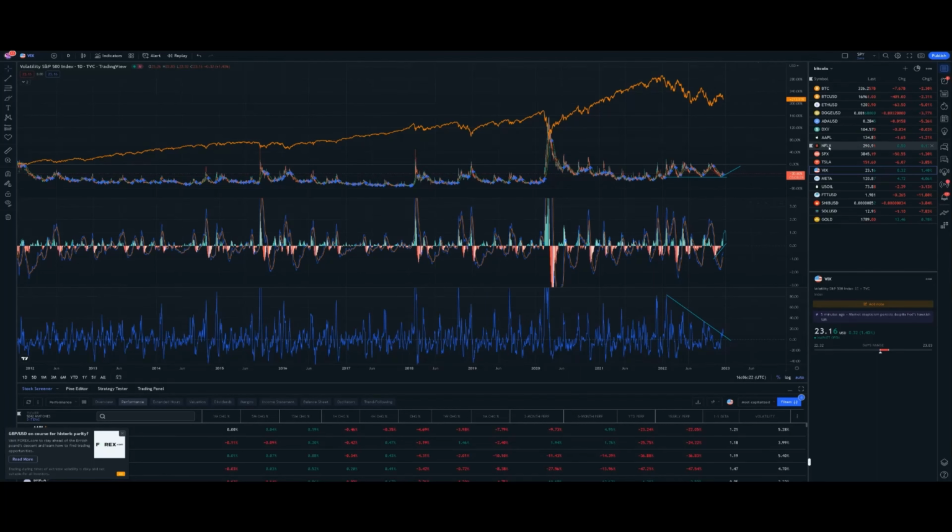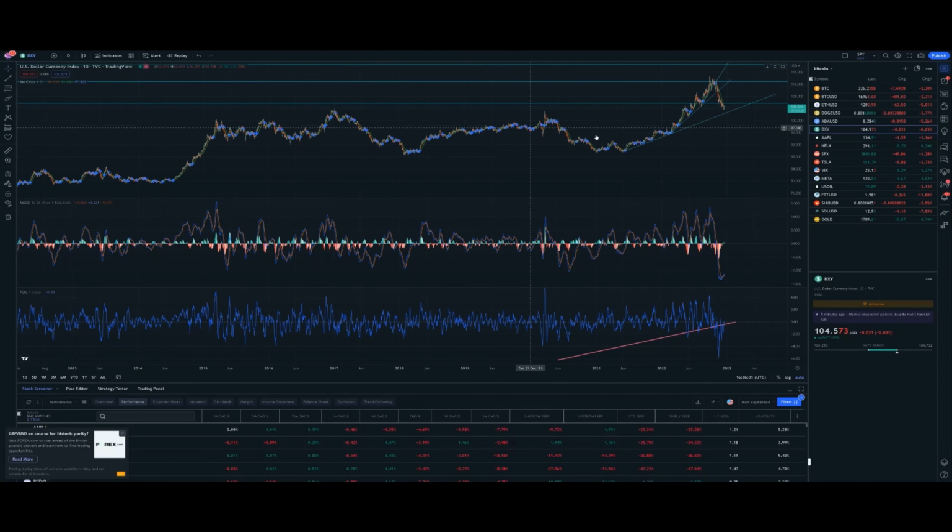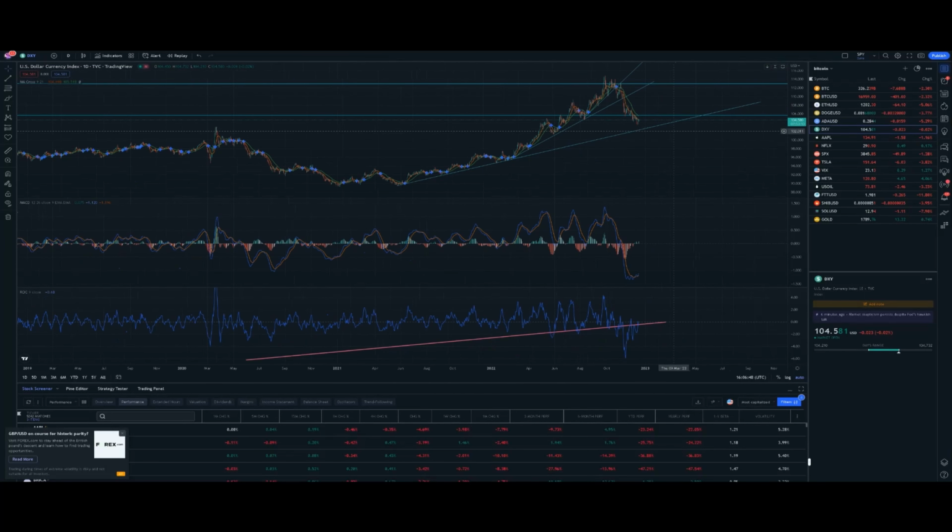It'll make it crash. And another thing that we're starting to look at is the DXY is starting to break out. Let me go ahead and remove the SPY off of this so we can get a clear view. So if you can see here, we've actually landed at support. The DXY is starting to try and break out of 104.5, and it did come and touch 103 for support, but now it is starting to try and break out.